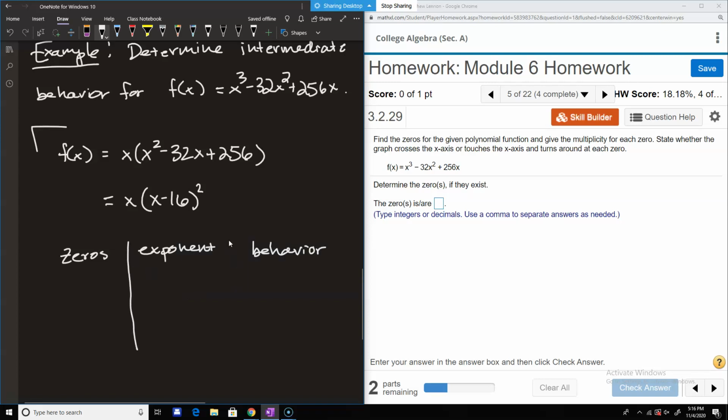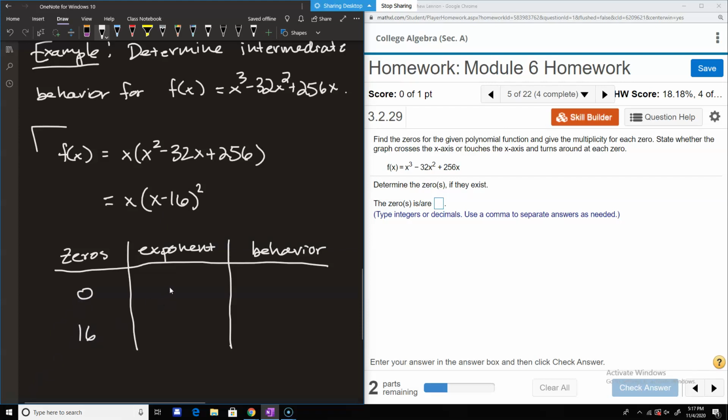A lot of people will forget if you just see an x out front, it could have a different power. It could be x squared, x cubed, x to the 35th, whatever. That's still a 0. If you plug 0 in for that x in front, that would make the whole thing 0. So one of the zeros is the number 0, and the other one is 16.